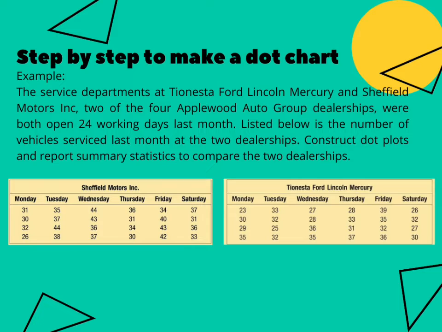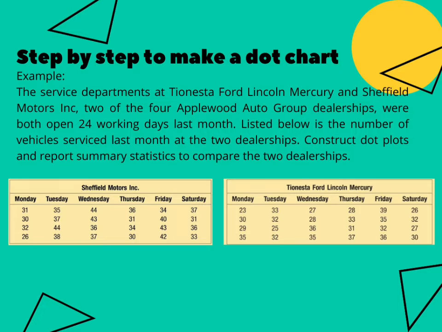To make it easier for us to understand, now I will explain step by step how to make a dot chart. For example, the service departments at Stafford Lincoln Mercury and Sheffield Motor Inc., 2 of the 4 Applewood Auto Group dealerships, were both open 24 working days last month. Listed below is the number of vehicles serviced last month at the 2 dealerships.